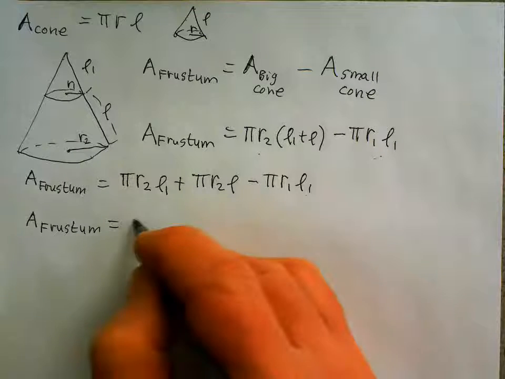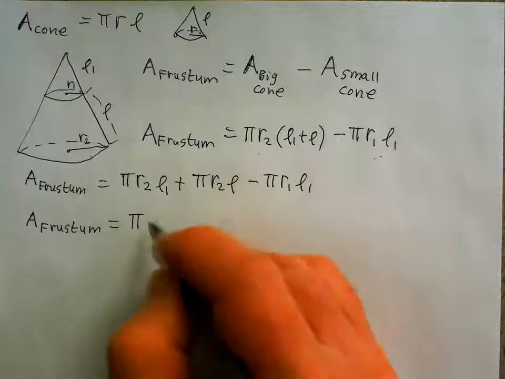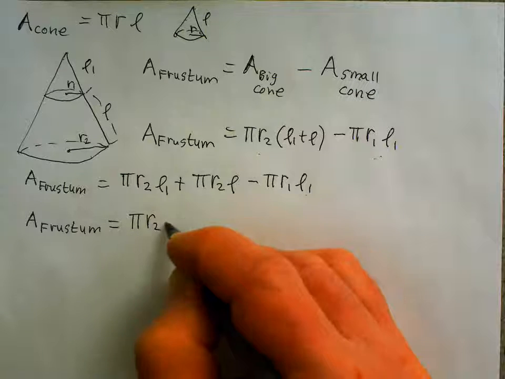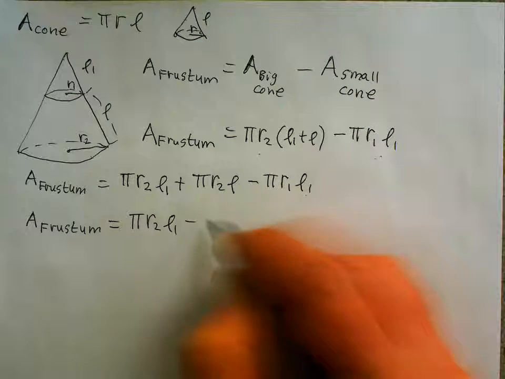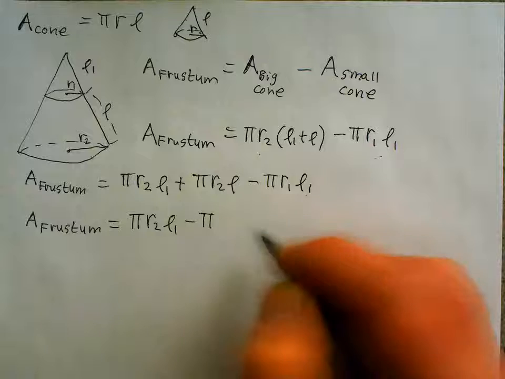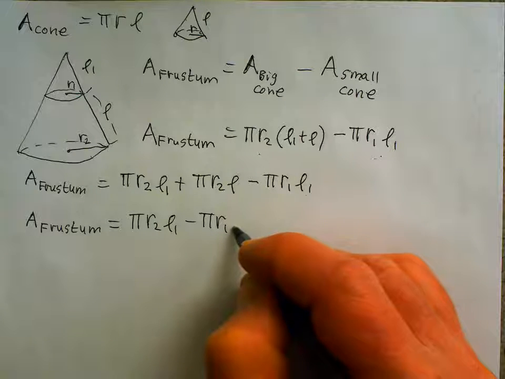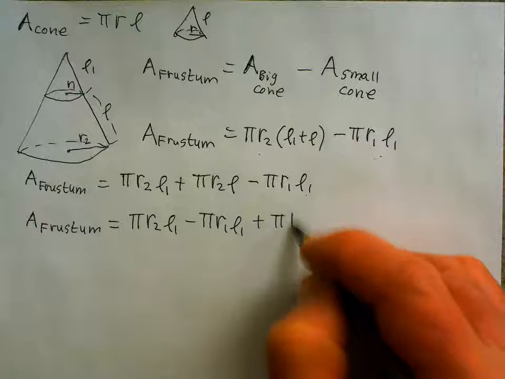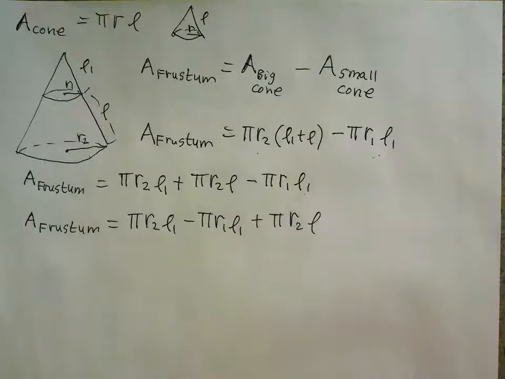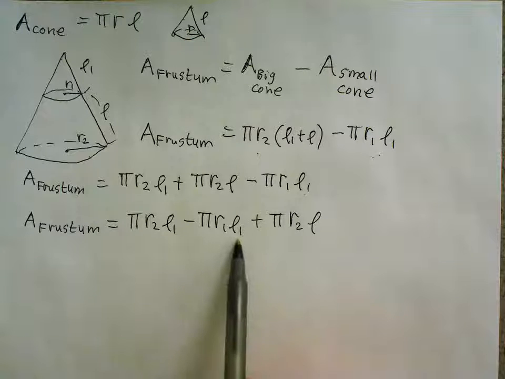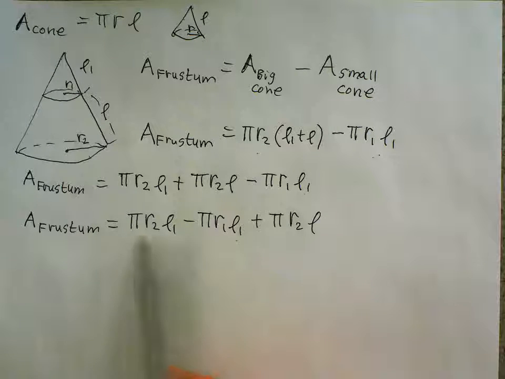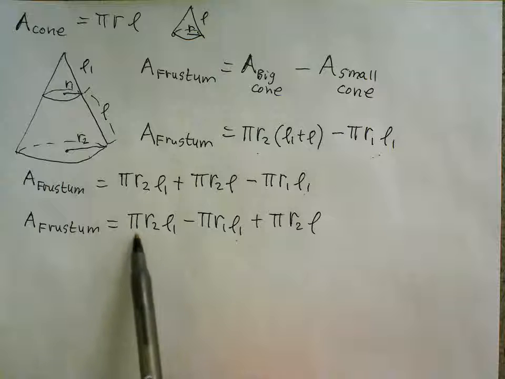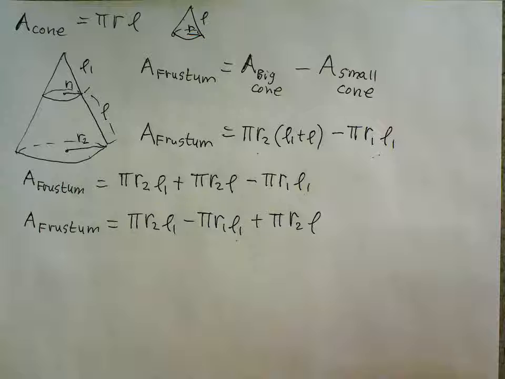And we'll write this as pi times r sub 2 times L sub 1 minus pi times r sub 1 times L sub 1, and then plus pi times r sub 2 times L. And in the next step, we'll factor out of the first two terms pi times L sub 1.